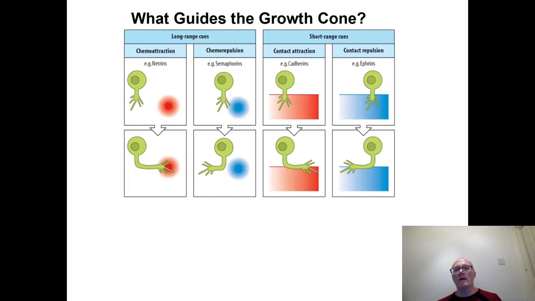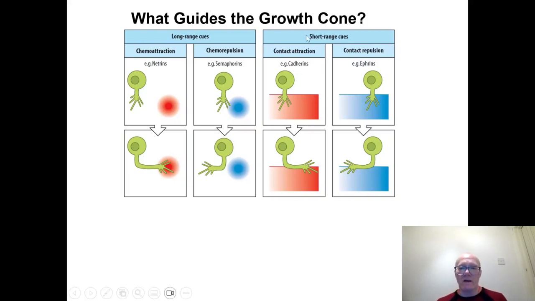So generally speaking, we have endocrine factors or elements that attract neurons long distance and short distance, or repulse neurons long distance and short distance. Some of the long distance cues that attract neurons are represented by netrins, and some that repulse them are semaphorins.